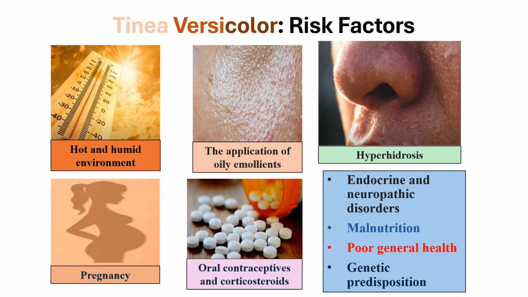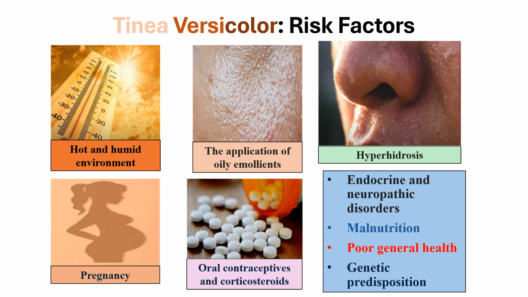So, what are the risk factors of tinea versicolor? So, we have hot and humid environments, the application of oily emollients, hyperhidrosis, that is increased sweating in individuals, pregnancy, because pregnancy has hormonal changes and weakened immune system.